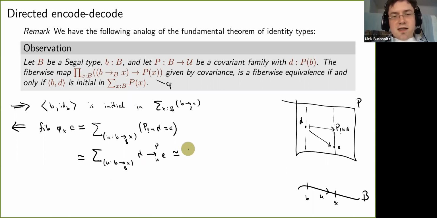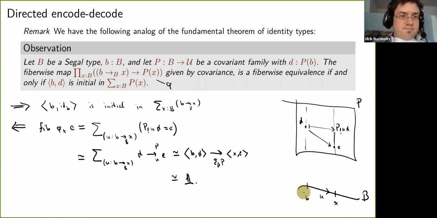So this is the same as an arrow from the pair B, D in sigma B P to X, E. But this is an initial object, so this arrow type is contractible. So this fiber is contractible, so this phi at X is an equivalence.